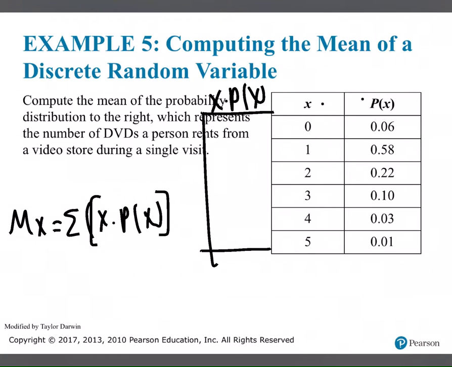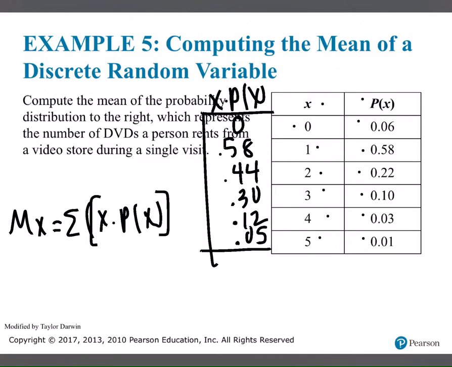So to find these values, I'm going to do 0 times 0.06, 1 times 0.58, 2 times 0.22, 3 times 0.1, 4 times 0.03, which I believe that is 0.12, and 5 times 0.01.